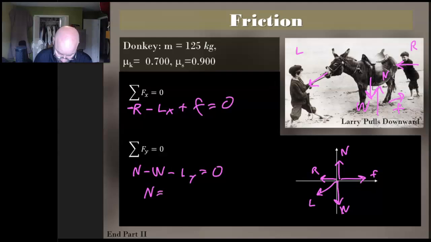If I look at my normal force in this case, it is actually greater than it was before. And so there's kind of a lesson here. If you're pulling on something and you pull down, you actually cause the ground to have to do more effort. So you get a larger normal force from the ground.